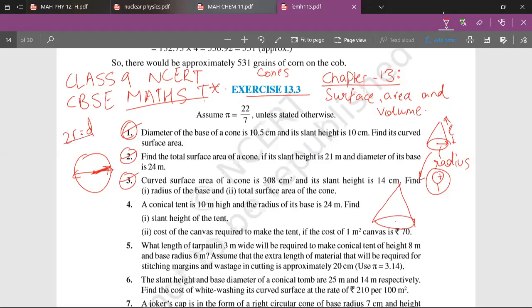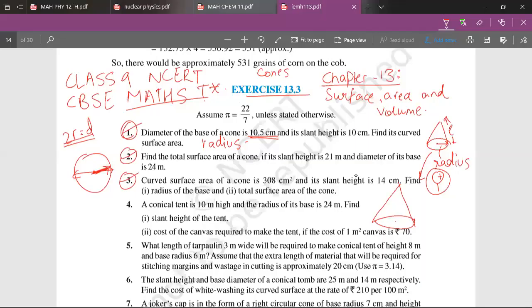So in this question, it says that the diameter of the base of a cone is 10.5 centimeters. Whatever questions we take, they are all based on the radius, not on the diameter. So we'll convert diameter to radius.